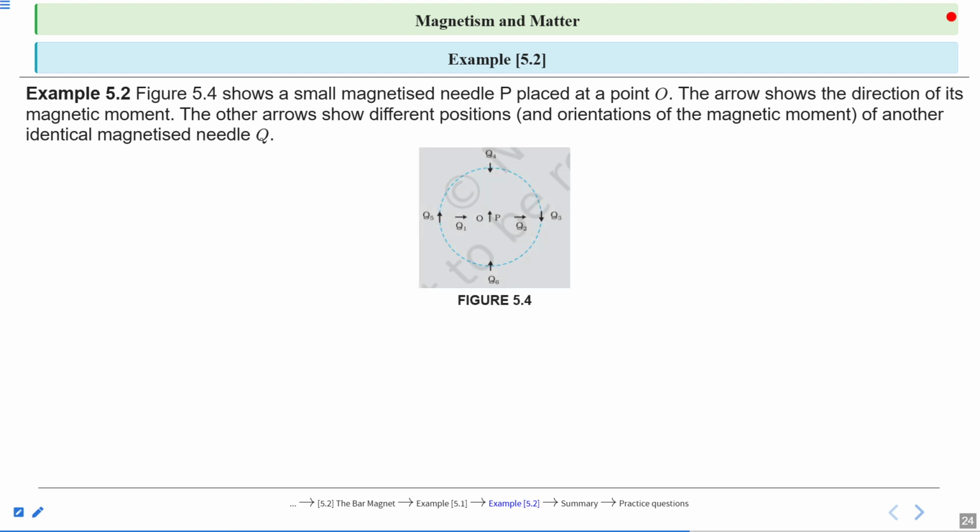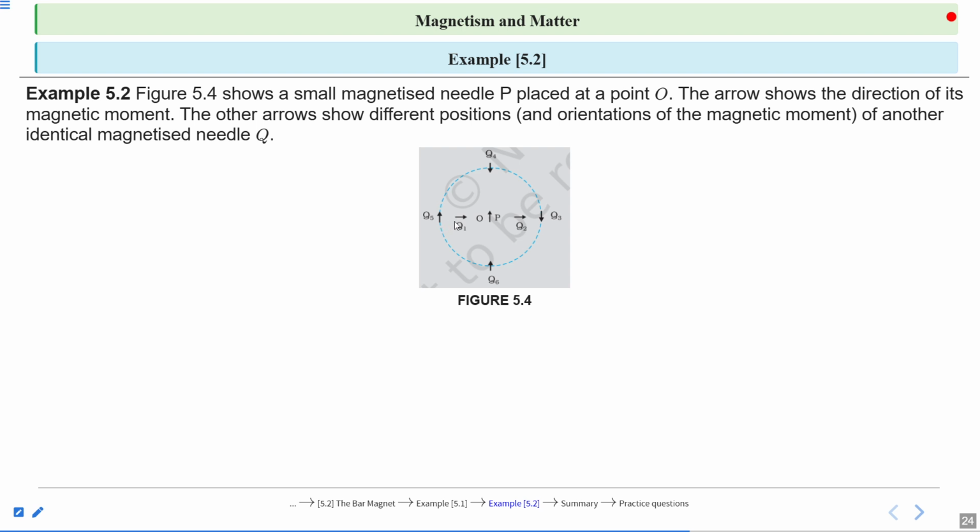There is a small needle P placed at point O, and the direction of the arrow shows the magnetic moment of this needle. Other small magnetized needles are given, Q1, Q2, Q3, Q4, Q5 and Q6, and the arrows give the directions of their magnetic moments and orientations.